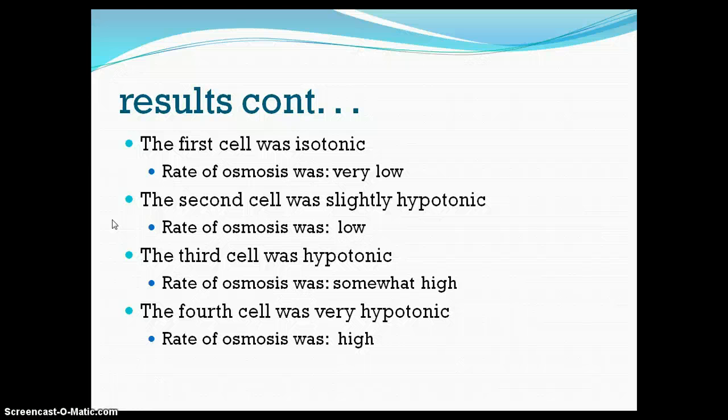It was a bit tougher, but not in monumental amounts. Our third cell definitely had a change. It was a lot stronger. If you poked it, it definitely had a resistance. But our fourth cell, the one with the 30% sucrose concentration, was rigid. It was swollen. It definitely had a large increase in water.